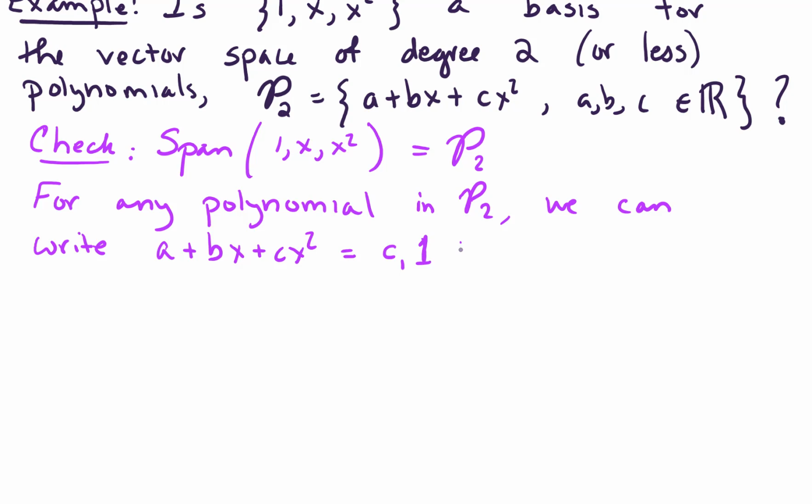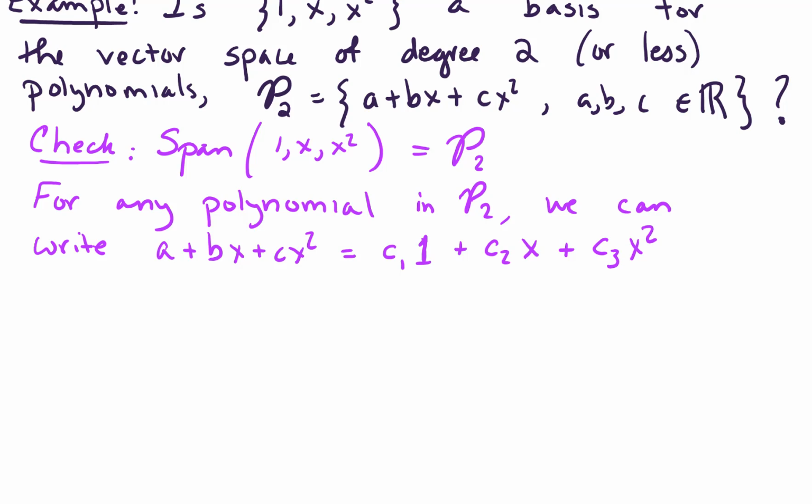We'll call it c1 times 1 plus c2 times x plus c3 times x squared. And that would show us that the polynomials certainly can be written in terms of those basis functions.